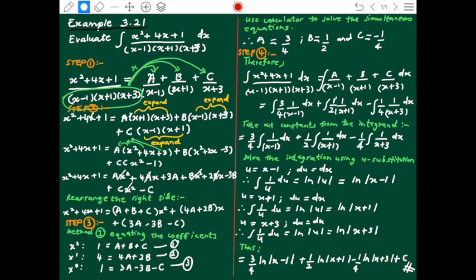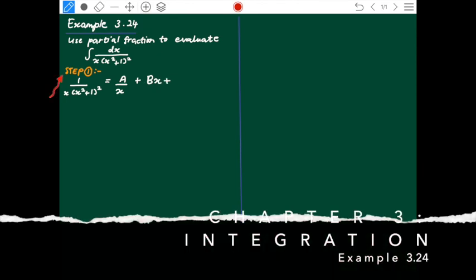Now we will look into another example. As for example 3.24, we start with the first step, which is to decompose the rational function into partial fraction components.